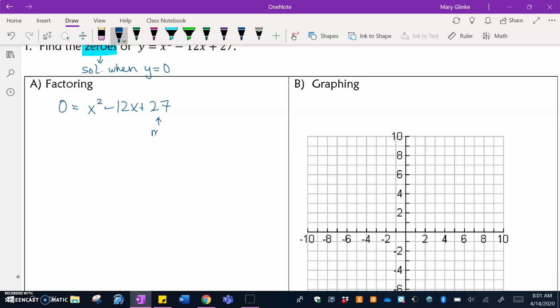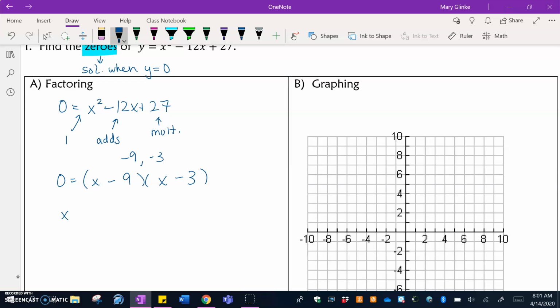We are looking for what multiplies to get 27, but adds to get negative 12. Those numbers are going to be negative 9 and negative 3. Because there's a 1 out in front, we can just write our number pairs as our factors. So x minus 9 and x minus 3. So we have now factored.